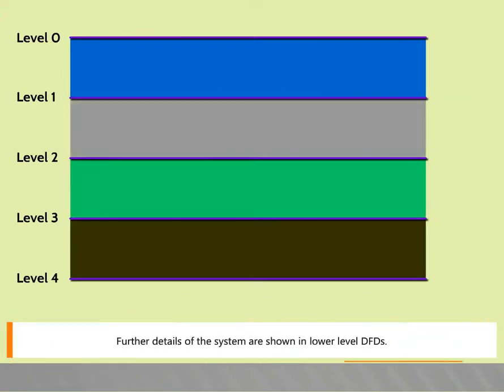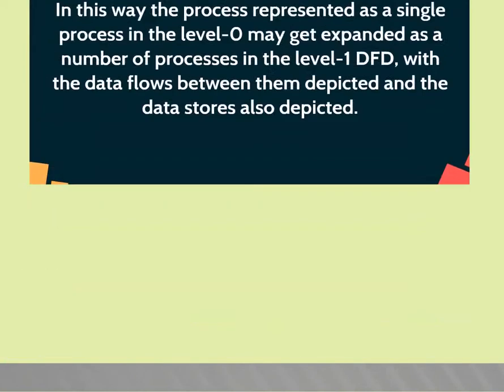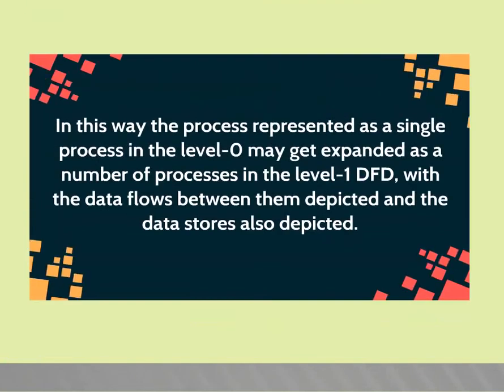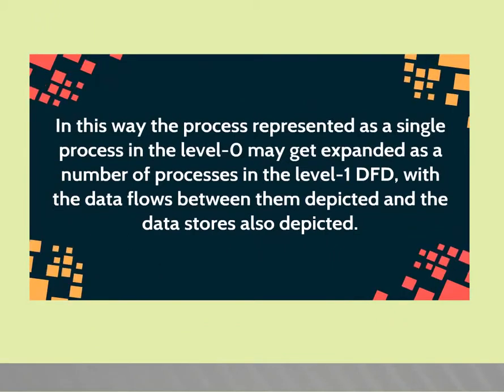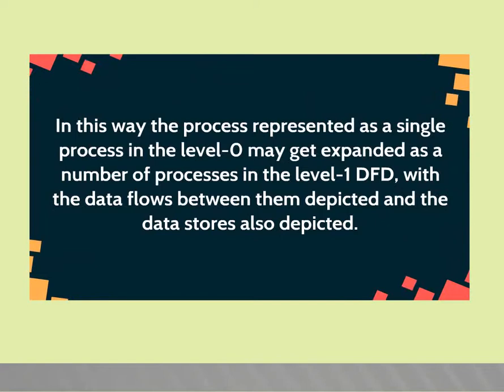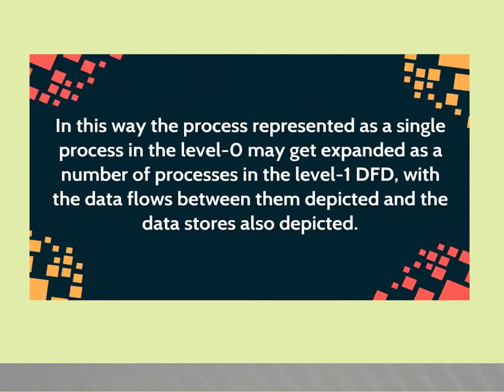Further details of the system are shown in lower level DFDs. In this way, the process represented as a single process in level 0 may get expanded as a number of processes in the level 1 DFD, with the data flows between them depicted and the data stores also depicted.